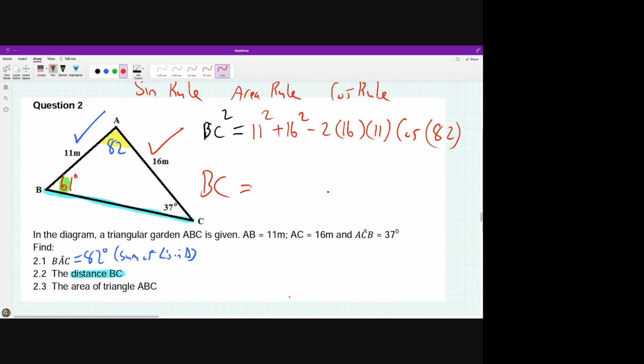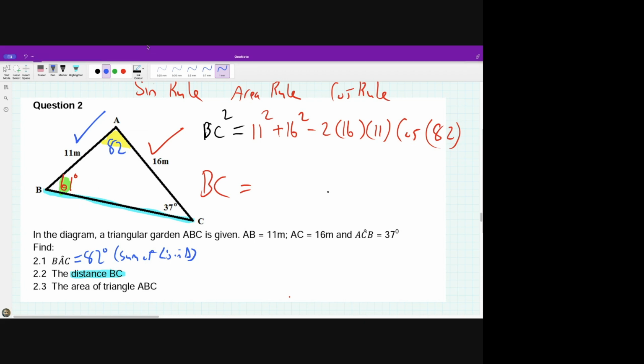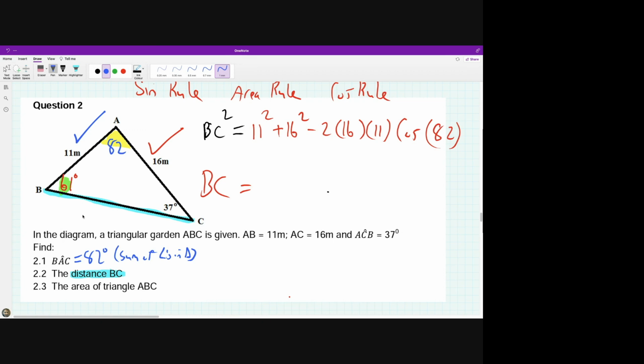We've typed this in a lot today, but hopefully that really gets us comfortable. What are you guys getting for BC? I get 18.11 meters.